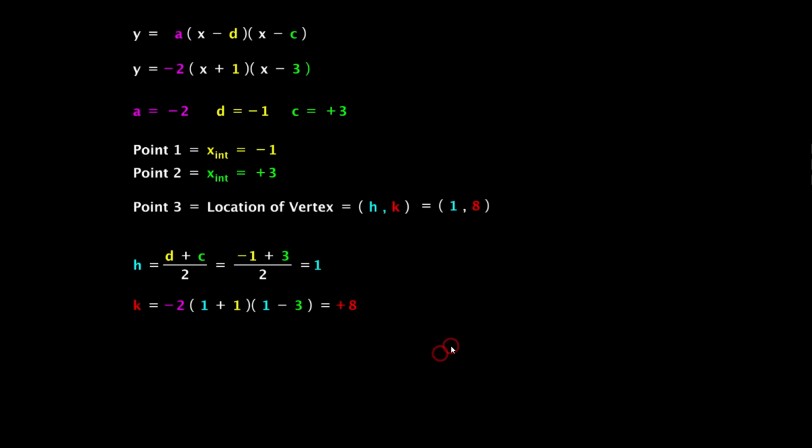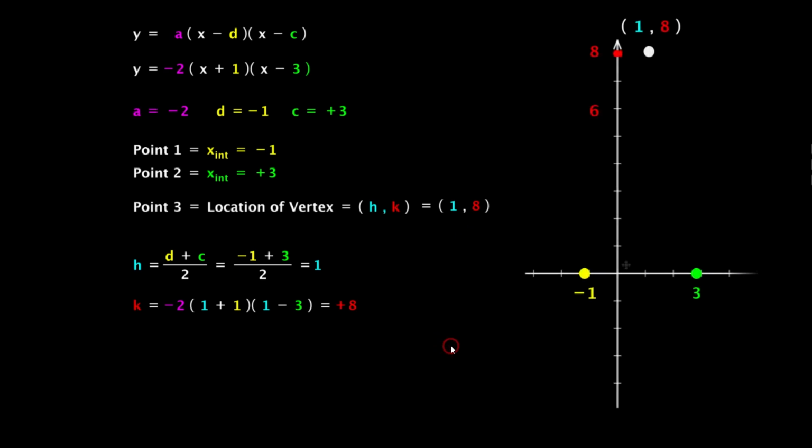Now from the vertex, how the system works. We got that x-intercept, -1 from there, +3 from there. The vertex is the midpoint when x was 1, y was 8. Now we use this piece of information. From the vertex, we will go 1 unit left and we will go 1 unit right.